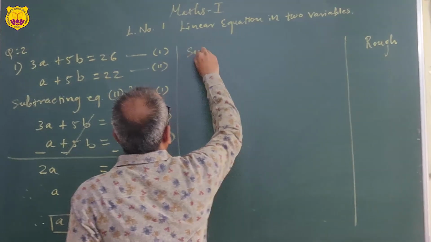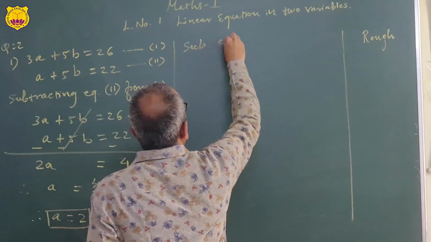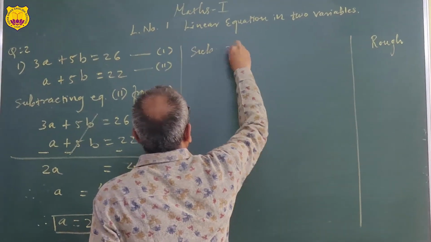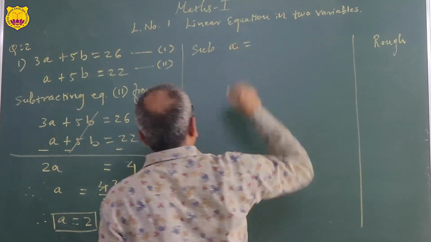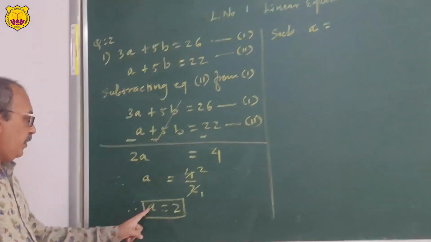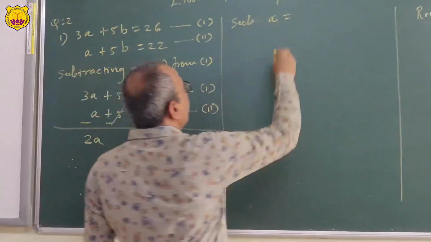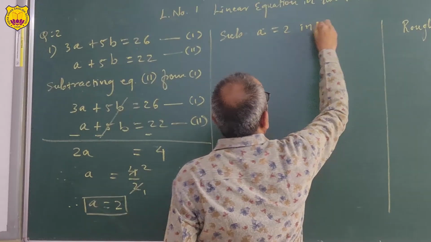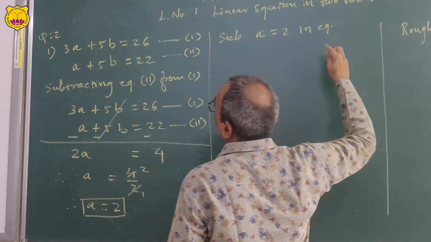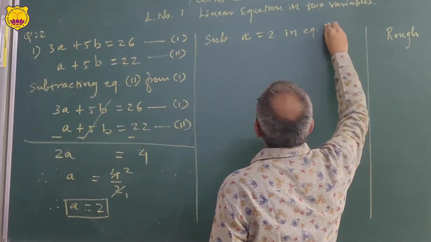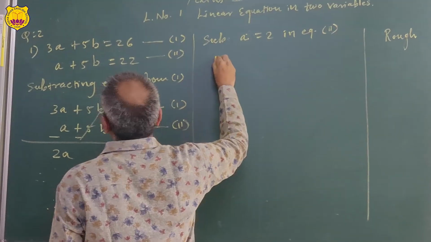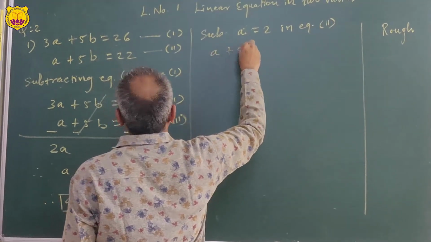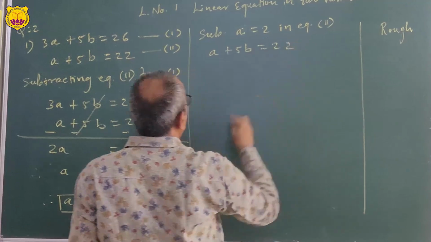So here substituting, here alphabets are a and b. Substituting a is equal to 2 in equation 2. Second equation is a plus 5b is equal to 22.